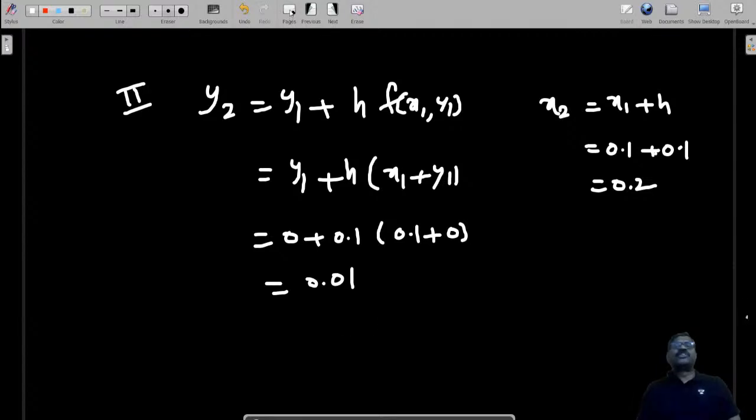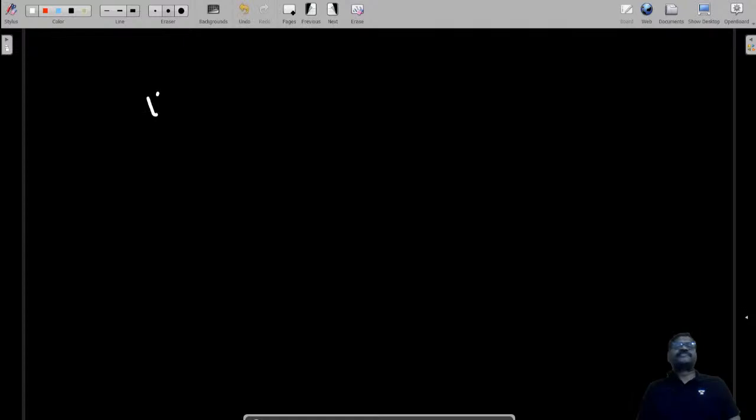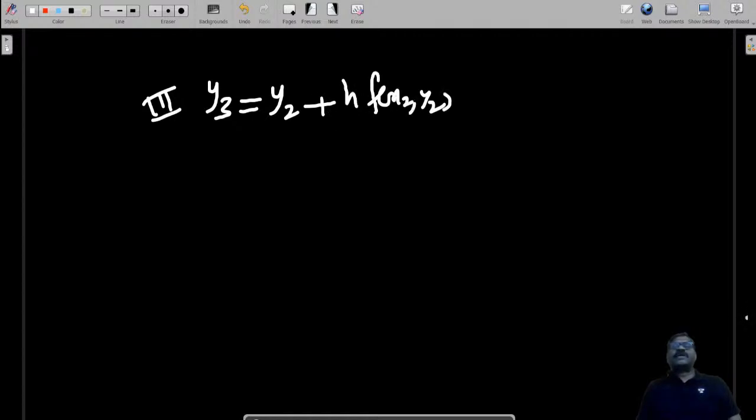Next, third iteration. y3 is y2 plus h of function of x2 y2. x3 is x2 plus h, 0.2 plus 0.1, that is 0.3.